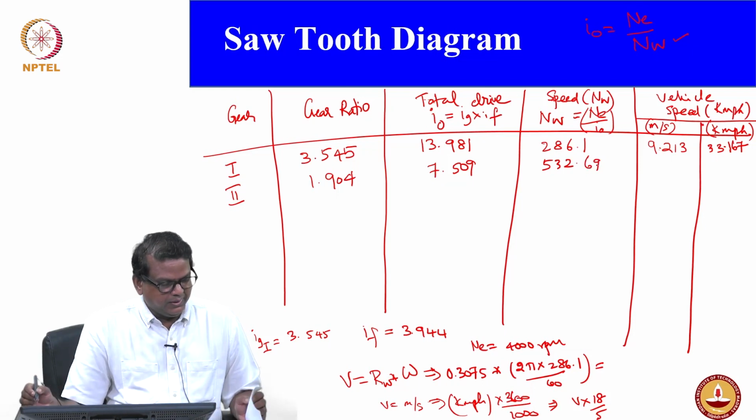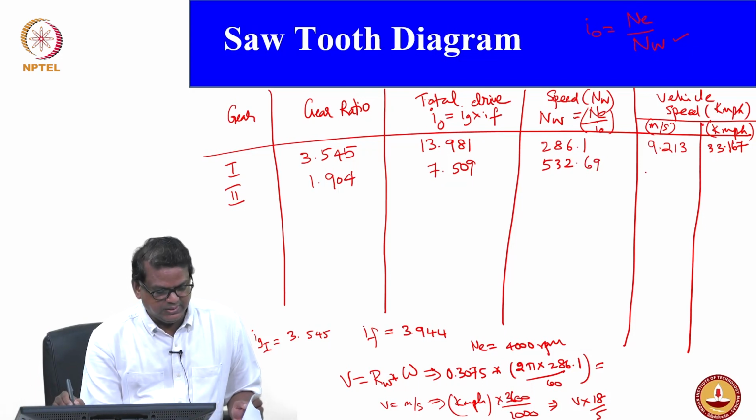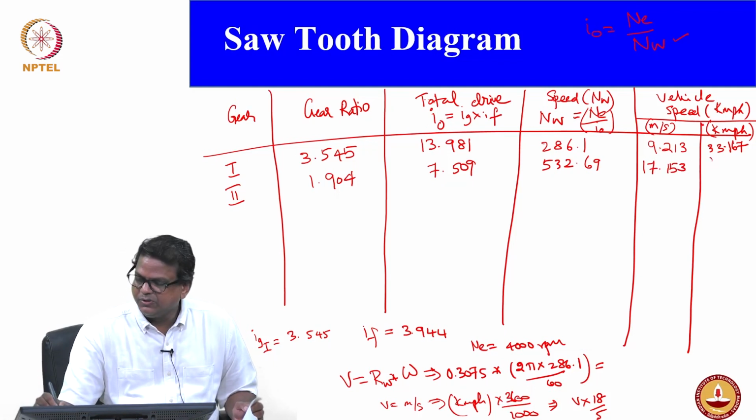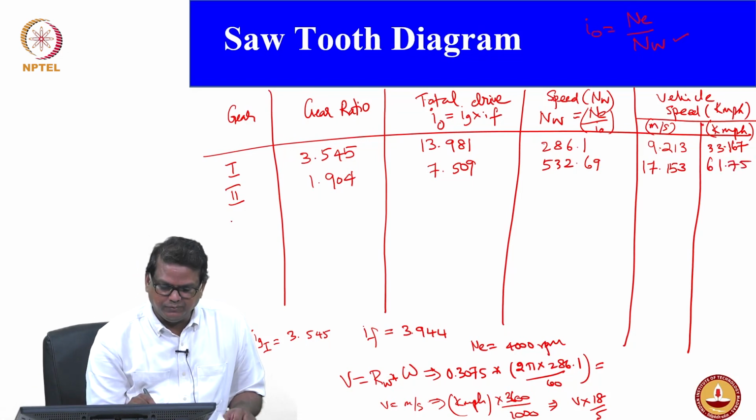Then the corresponding vehicle velocity is 17.153 meter per second. By multiplying 18 by 5 for kilometer, it should be 61.75 kilometer. Okay.